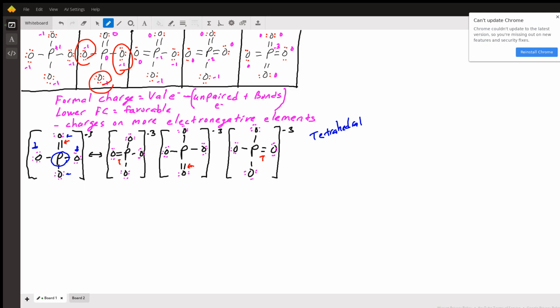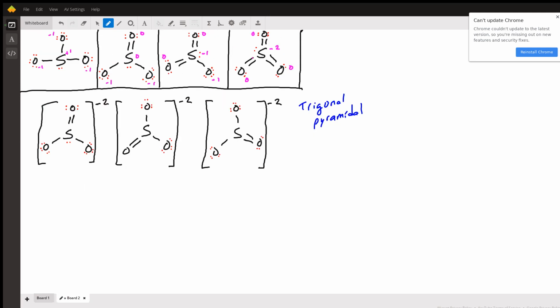If we want to look at sulfur, it's very similar. We have oxygen fulfilling its octet, and sulfur being allowed to have that expanded octet. We choose the Lewis structure that has the formal charges that are closest to 0, and the negatives are on the more electronegative element, which is oxygen.